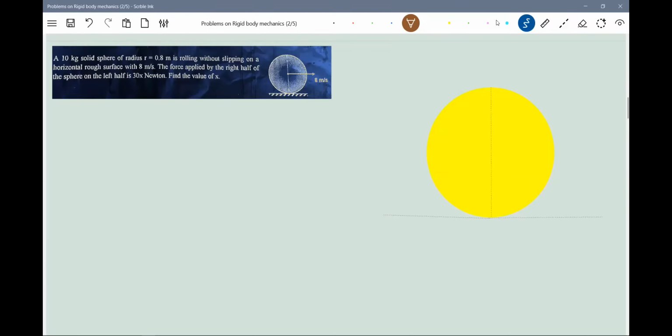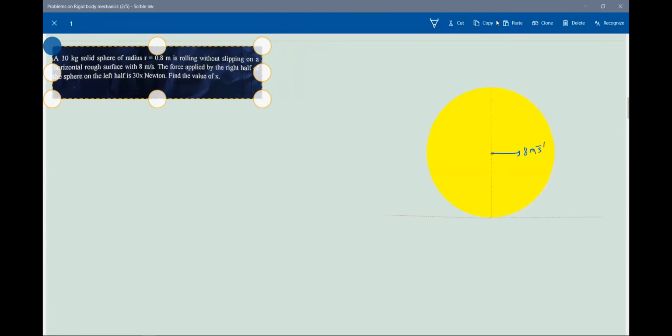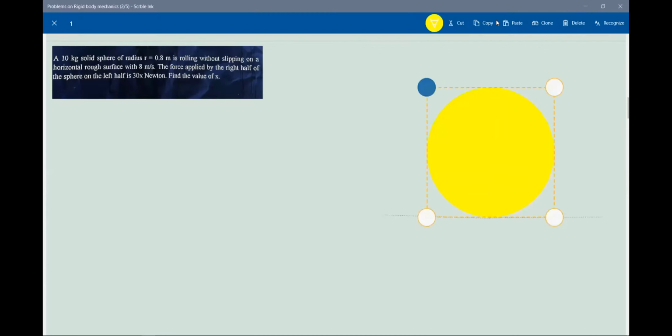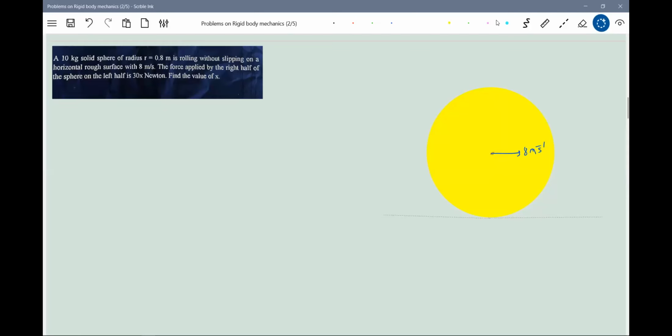And it is given velocity 8 meters per second. We'll keep that. Radius r, only that much is there. I'll take out this diagram. Look at this one. It's rolling without slipping. So many concepts are involved here.